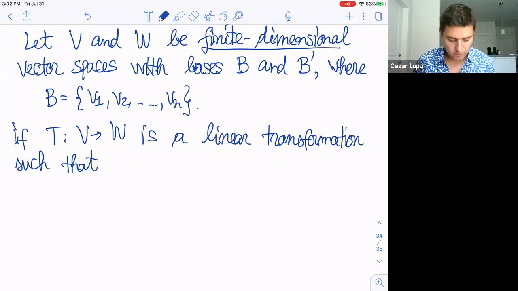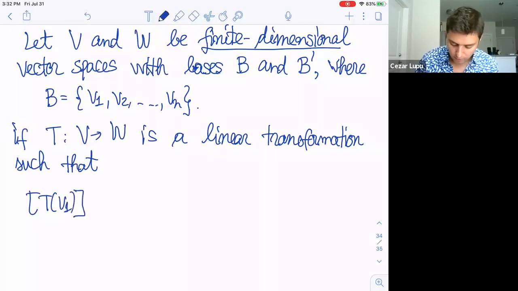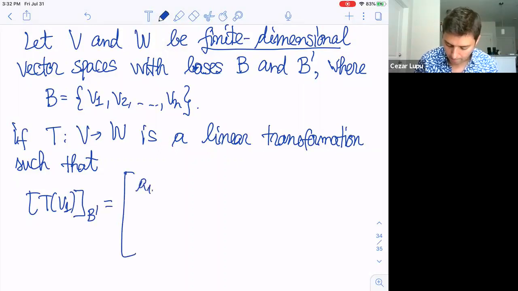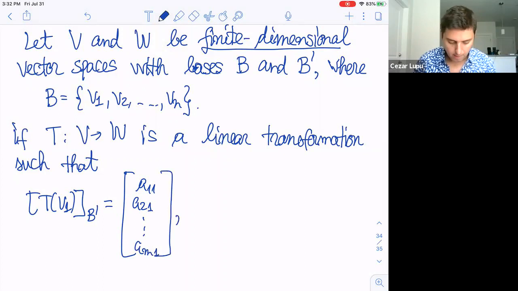So if this is a linear transformation such that T of V1 relative to the basis B prime is A11, A21, and we go all the way to AM1. Let's write another one.